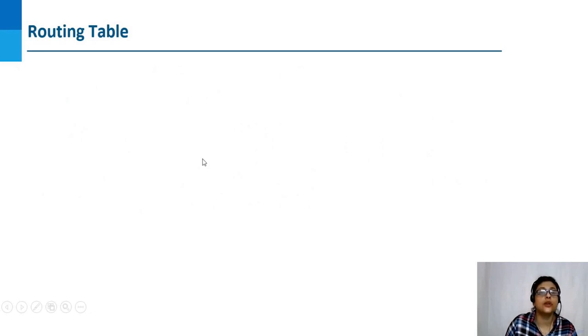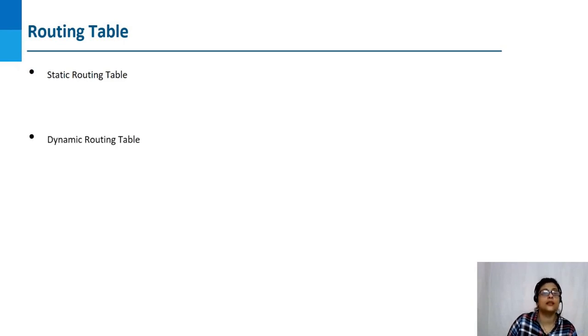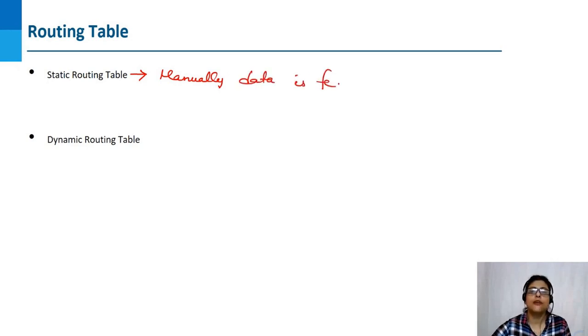Let us now concentrate on the routing table. The routing table basically helps in the forwarding process. There are two types of routing tables. One is called the static routing table and the other one is called the dynamic routing table. In a static routing table, data is fed to the routing table manually. If there are any updates or deletion of the data, then it has to be done manually and not automatically.